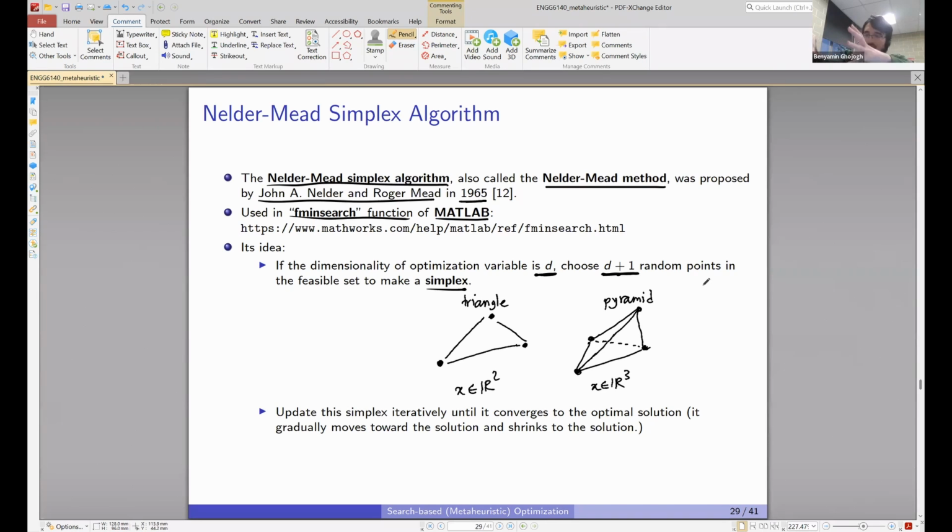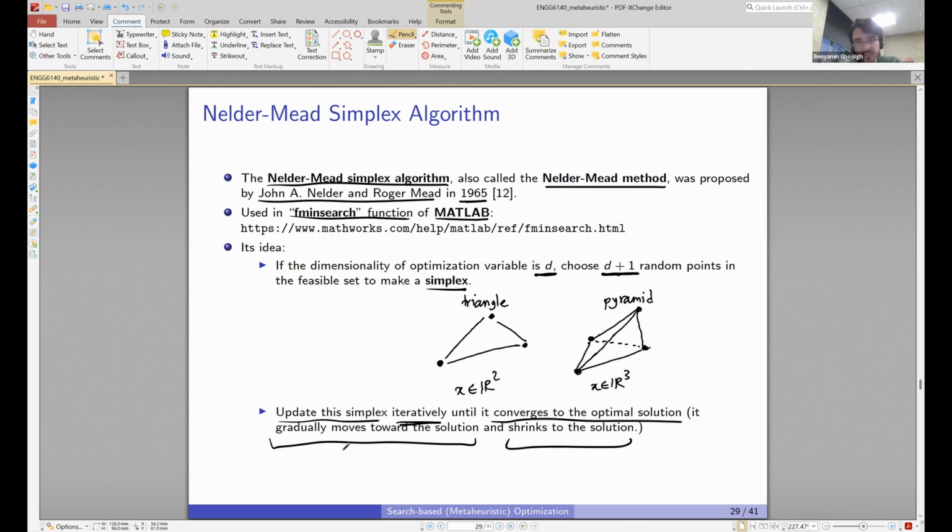Now, let's update this simplex gradually toward the best solution. How do we update that? We update this simplex iteratively and gradually until it converges to the optimal solution. It means 2 things actually.